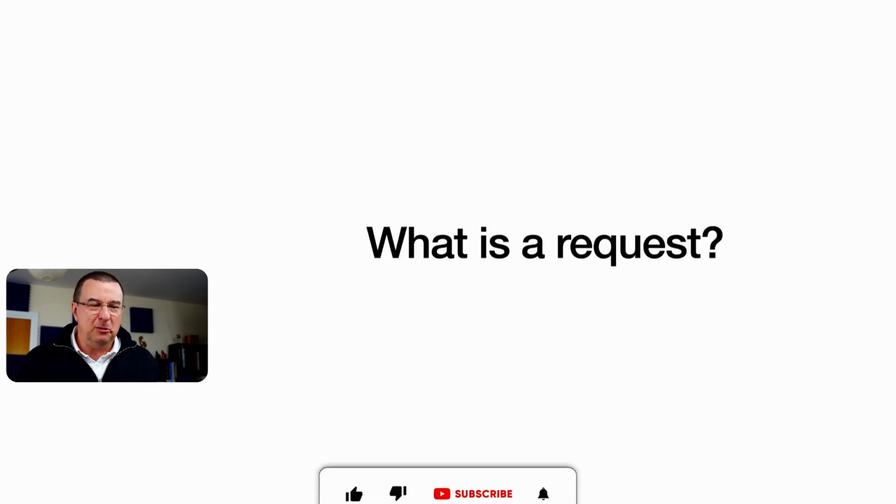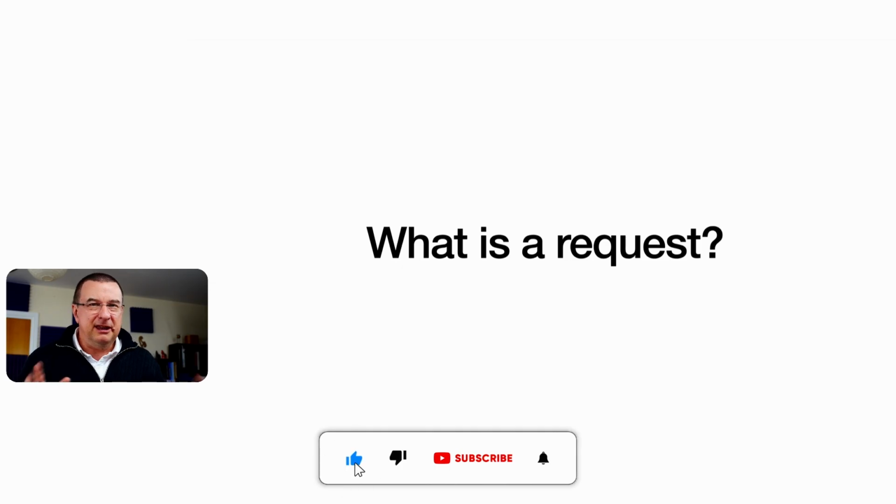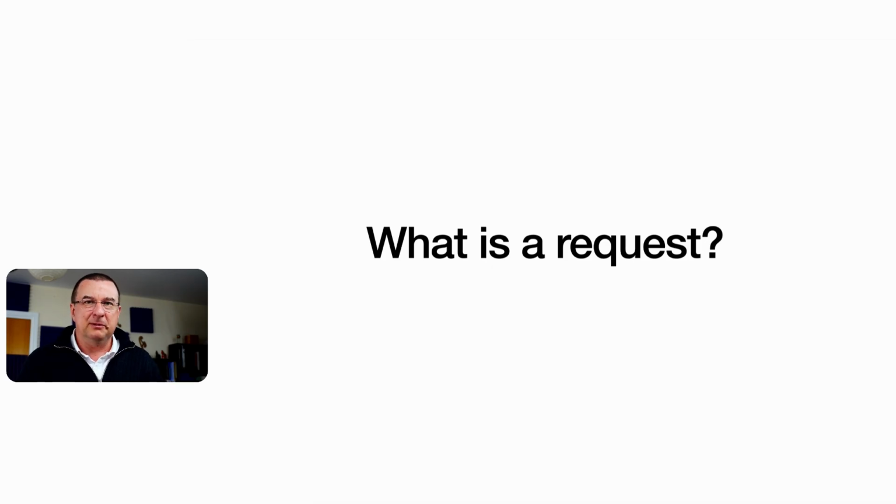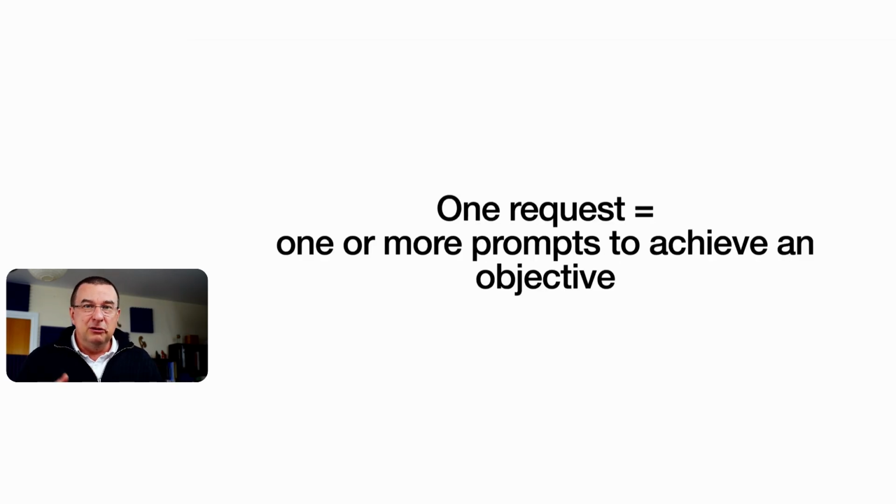So let's just stop here for a moment and think about, how do we define a request? I was vague about this, but let's firm it up a bit. In my view, we could define one request as one goal that we want to achieve, right? So it's one objective that we achieve through one or more prompts.